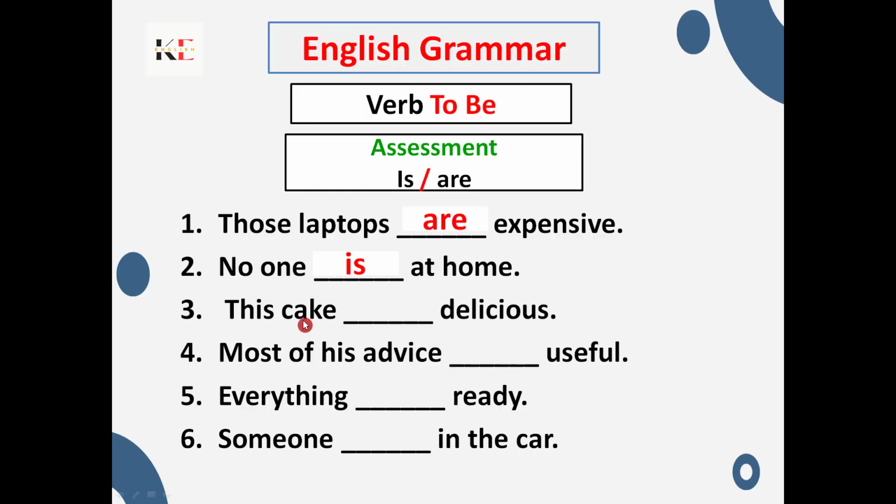Number three: this cake. This is a demonstrative pronoun, it's singular, and we use it for near distance. So this cake is delicious. Number four: most of his advice blank useful.